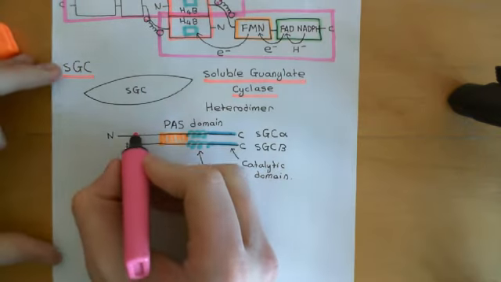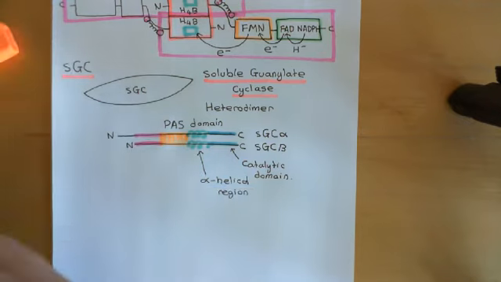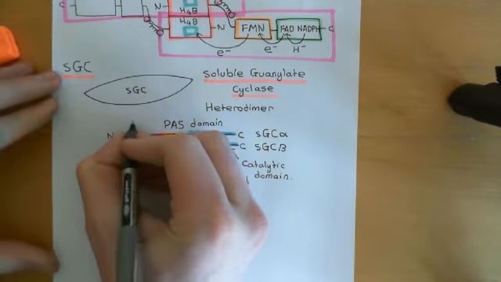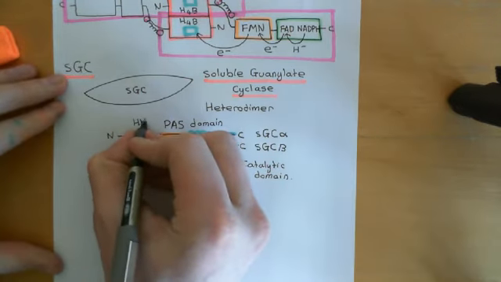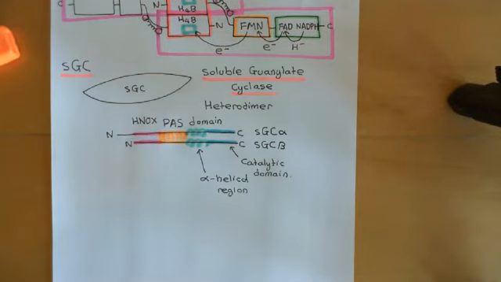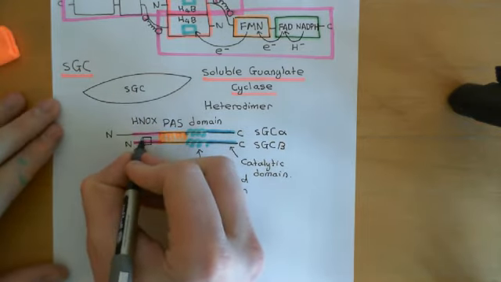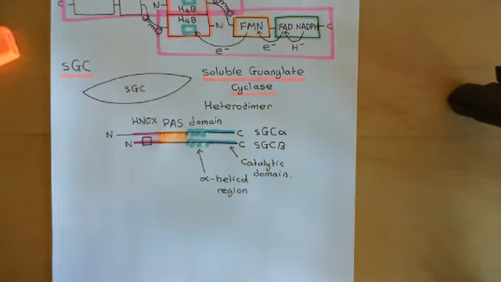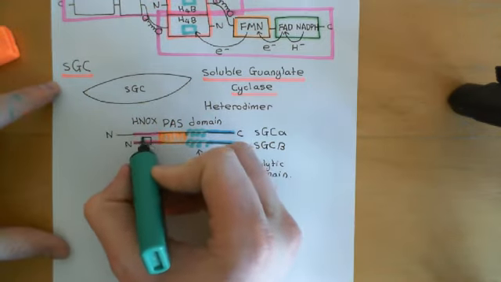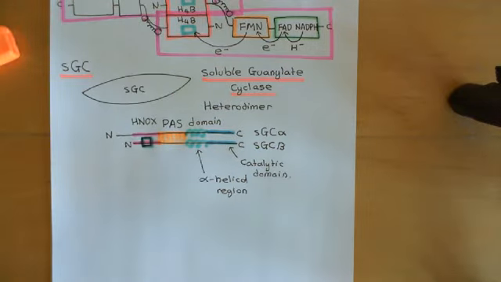Upstream of the PAS domain, you then have a domain that's known as HNOX. So this is the HNOX domain. And in the soluble guanylate cyclase beta, but not in the alpha, the HNOX domain has a prosthetic heme group. So here, in the beta subunit, this square structure that I'm showing in turquoise is another heme group, which will have an iron cation at the center.